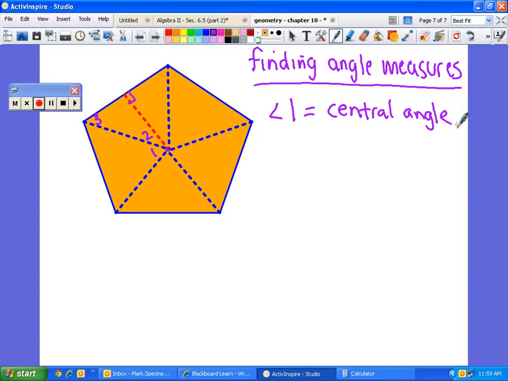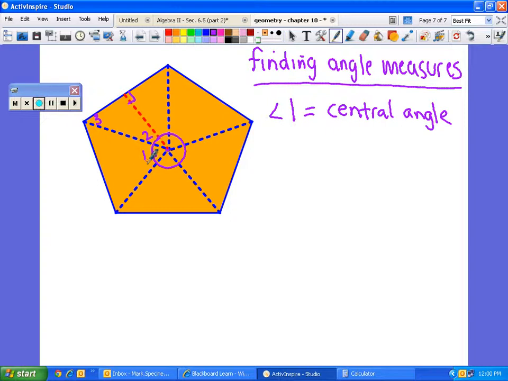So the way we find the measure of a central angle: now, if I do this, what have I just drawn? A circle. Does anybody know the sum of the degrees of a circle? How many? 360. So what that tells us is that the sum of the central angles of any polygon is going to be 360 degrees.